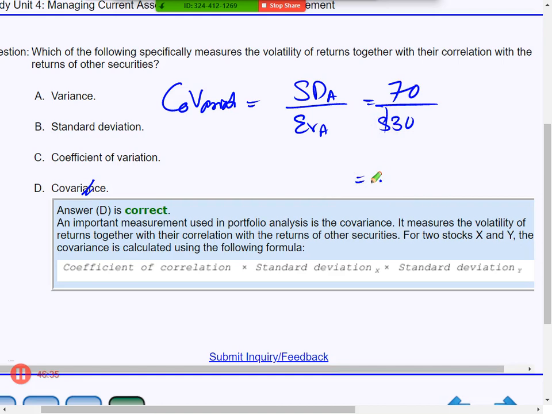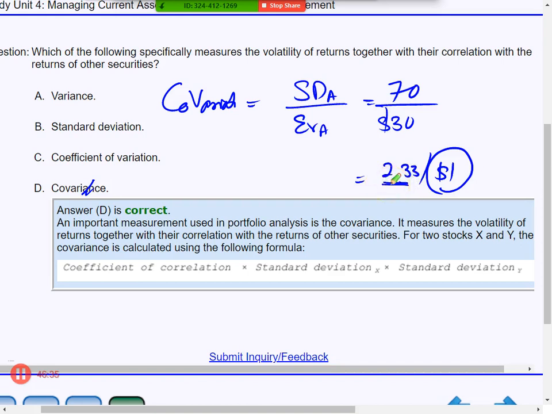What does this number tell me now, 70 by 30? Let's try to understand the idea. 70 by 30 comes out to be 2.33 per $1. What does it mean? It means for this asset A, $1 of return will make me face a risk of 2.33, without unit.